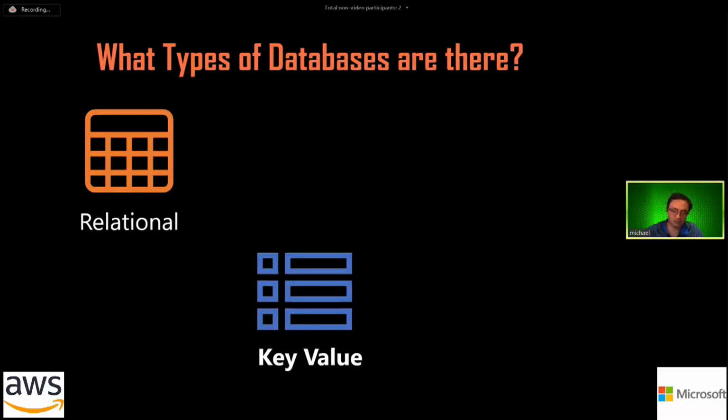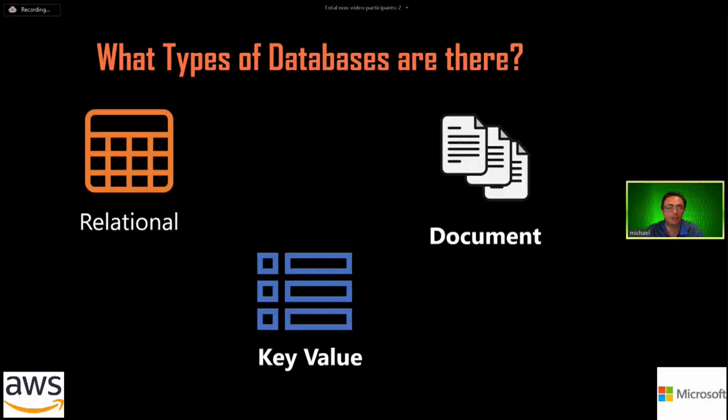So then the third kind of database we often see is a document database, and document databases have grown in popularity because everything is stored as a document, commonly JSON files, but they can really be anything.